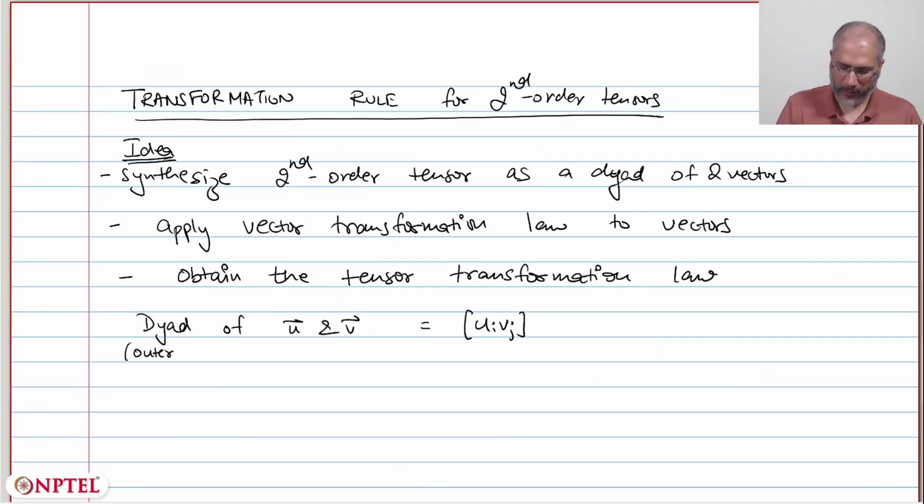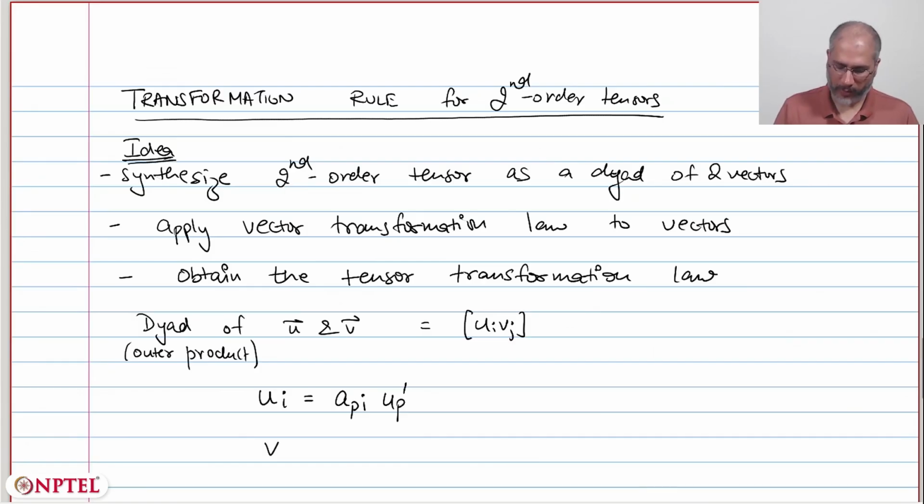So the dyad or the outer product of two vectors u and v is given as ui vj, the tensor. And what we'll do is we will represent u in terms of u prime. So that's the reverse vector transformation. So ui will be written as api up prime.